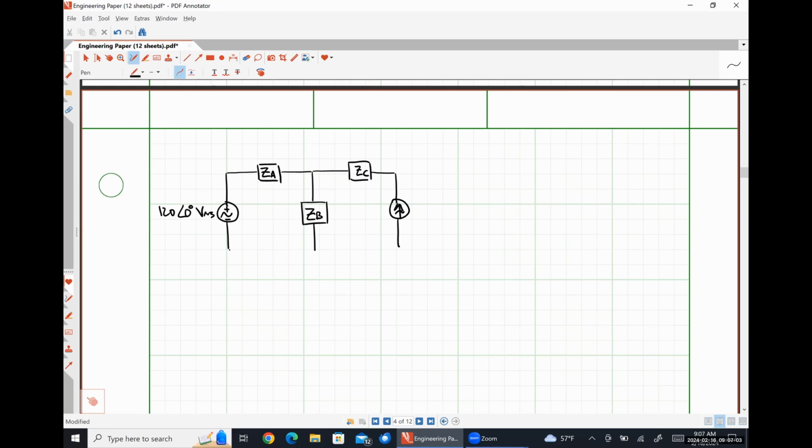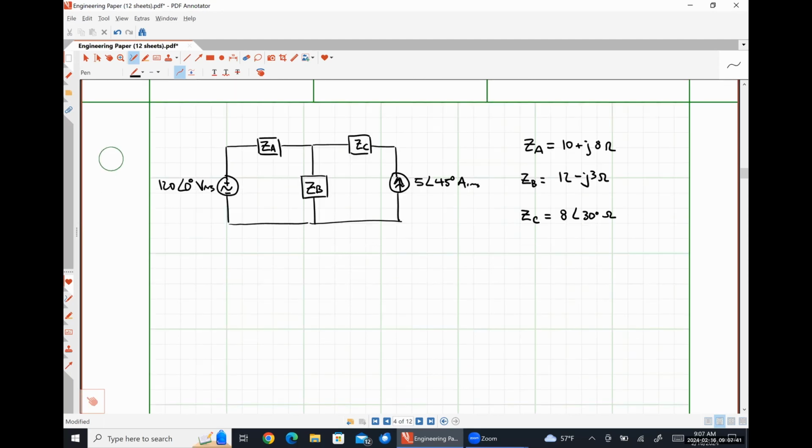And then over here on the right-hand side, we have a current source, 5 angle 45 degrees amps RMS. And let's say that impedance ZA is 10 plus J8 ohms. Impedance ZB is 12 minus J3 ohms. And impedance ZC is 8 angle 30 degrees ohms.